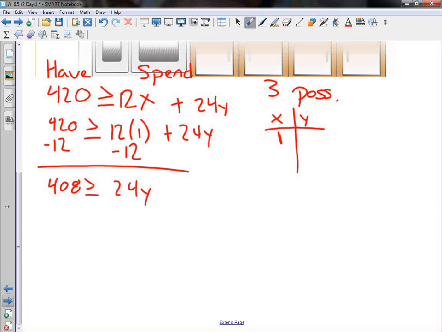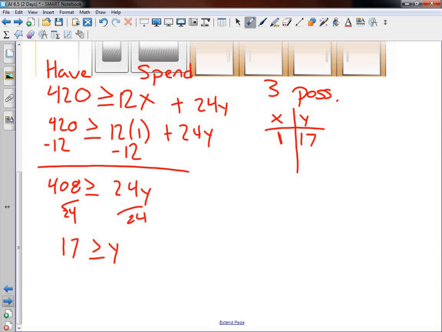All right. Then from there, I need to divide both sides by 24. And we get, well, this side's going to be y. Over here, we're going to have 408 divided by 24, which is 17. Well, that first possibility is if we find tile for $1 per square foot, we can buy wallpaper for $17 per square foot or less.